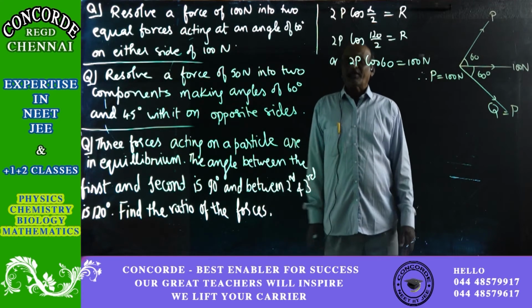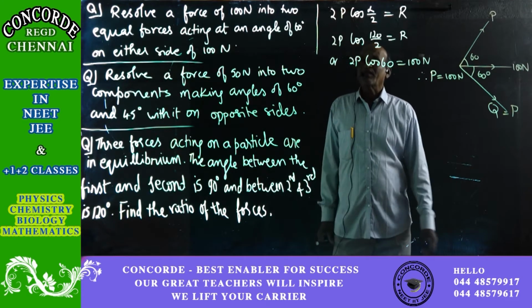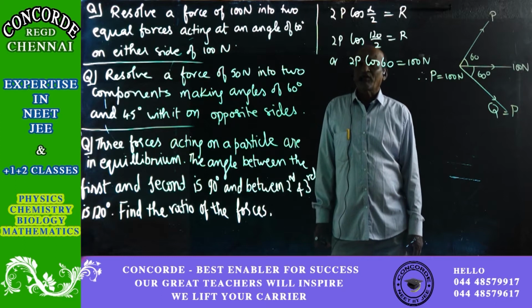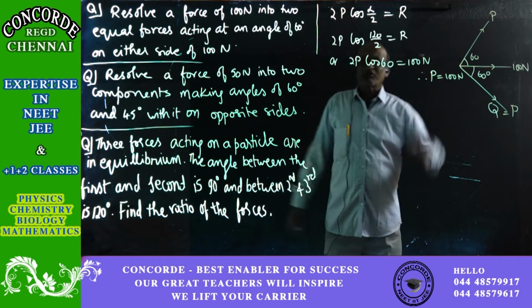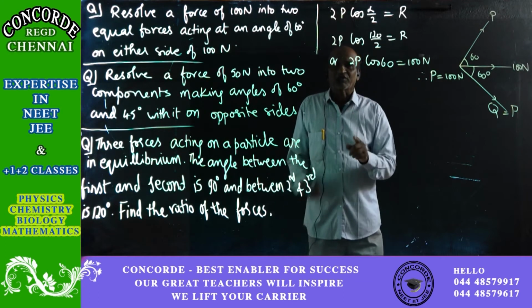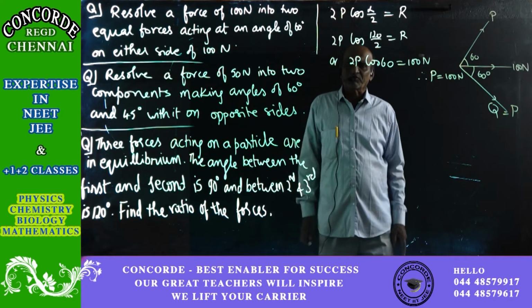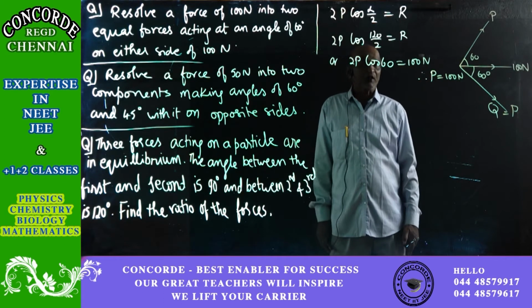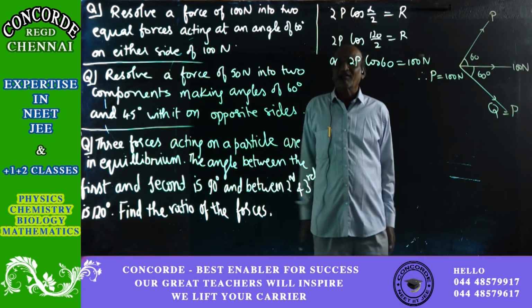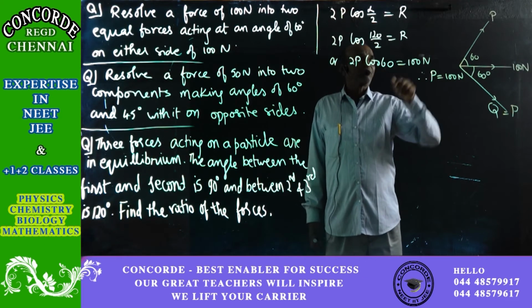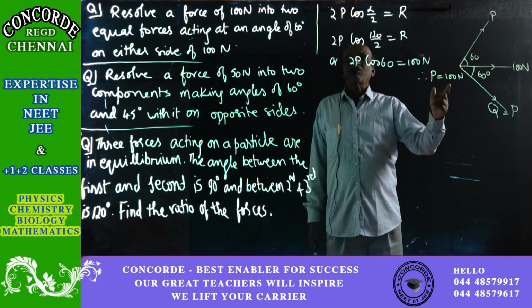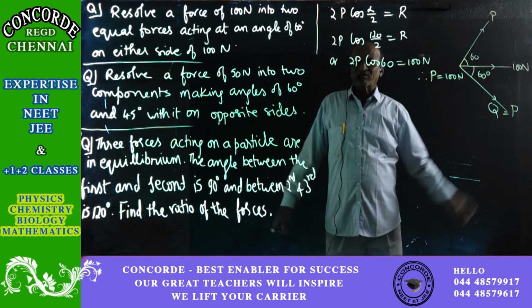There were many different choices, and we had to find out which choice had a resultant not equal to 2P. There we saw in one choice, one force was 2P, the second force was 2P, and the resultant also was 2P. When we have proved it, then why not? So here the individual force also will be equal to 100 Newton, which is the resultant.